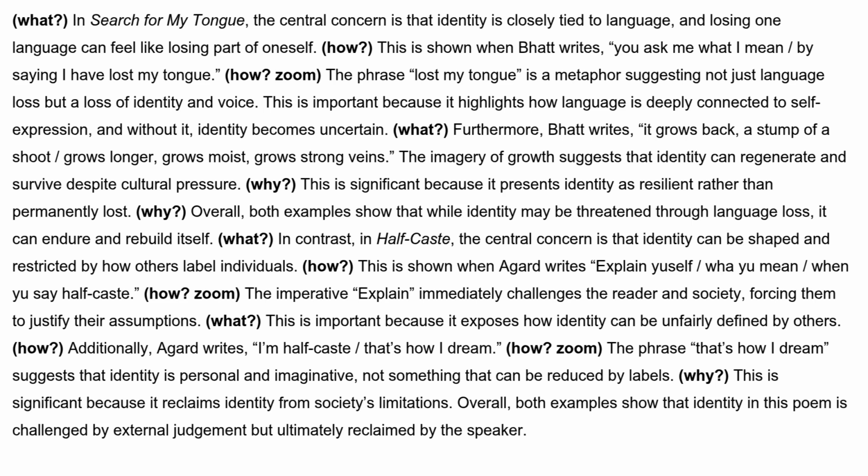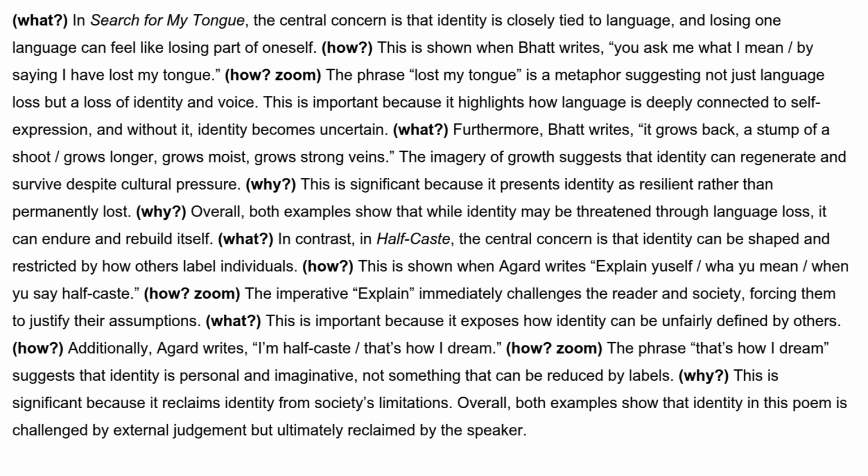Why should we care about this? This is significant because it presents identity as resilient rather than permanently lost. It's a good understanding of the quotes there. Again, why? Overall, both examples show that while identity may be threatened through language loss, it can endure and rebuild itself.